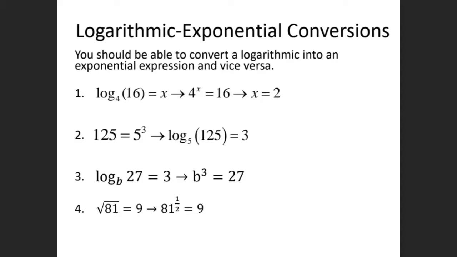So now I see that my base is 81. So my log is going to have a base of 81. The input of the exponent becomes the output of the log, which is equal to 1/2. The output of the exponent that was 9 now becomes the input of the log. So it's log of base 81, I enter 9, my answer is going to be 1/2.